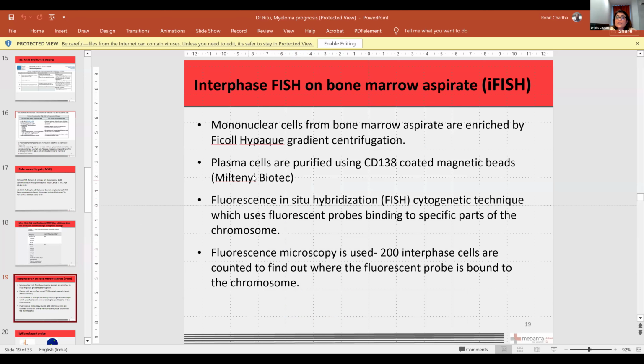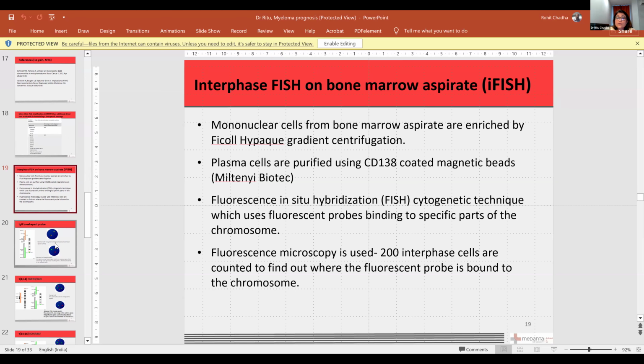Interphase FISH is done on the bone marrow aspirate. The mononuclear cells from the marrow aspirate are enriched by Ficoll-Hypaque gradient centrifugation, which uses CD138-coated magnetic beads. FISH cytogenetics uses fluorescent probes that bind to a specific part of the chromosomes, and 200 interphase cells are counted.